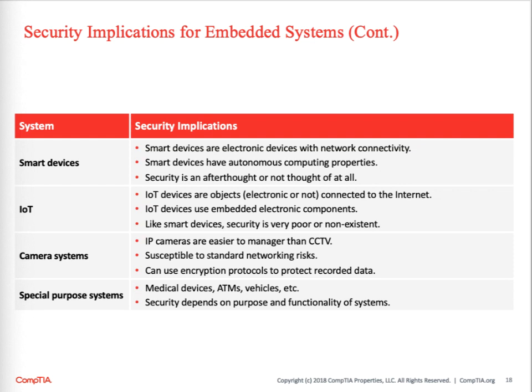Camera systems. A traditional camera system, CCTV, is going to have network surveillance over a limited area, right? Usually on site. IP cameras, these are internet protocol cameras, are easier to manage because we can manage them remotely from basically anywhere in the world. The problem with this is it's going to open the camera up to a lot of vulnerabilities that all of our other network devices have, right?